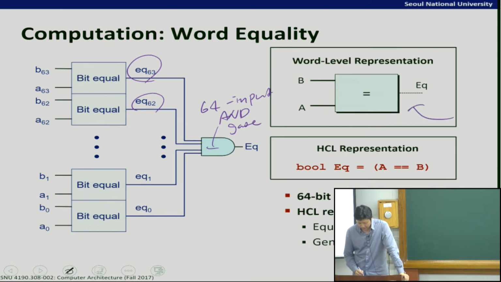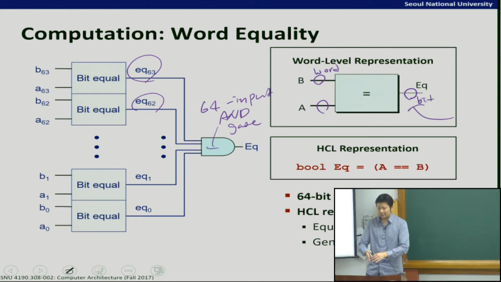This is the pictorial representation. It takes 2 words and generates a 1-bit output. By the way, this solid line shows the word signal, and this dotted line shows a bit signal, the single bit. So this one is a word, and this one is a bit.